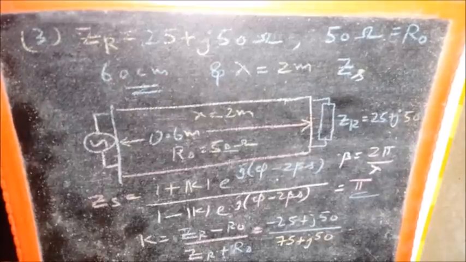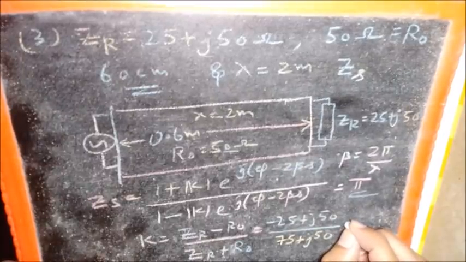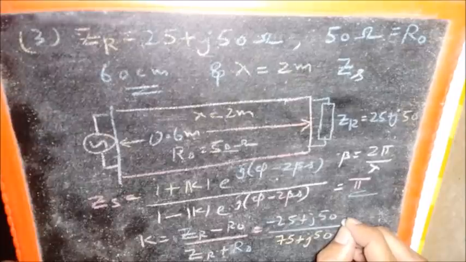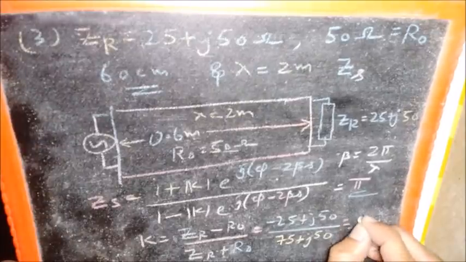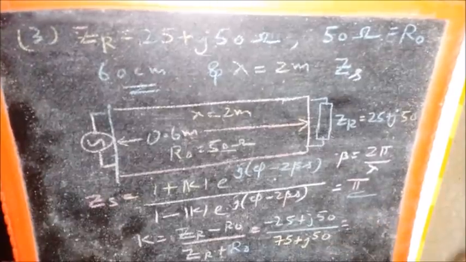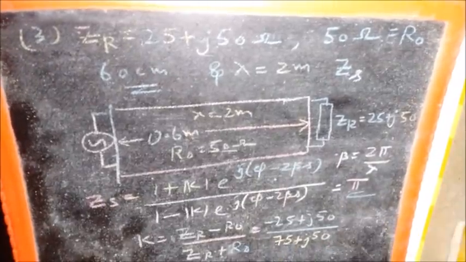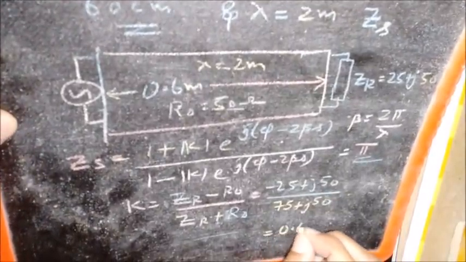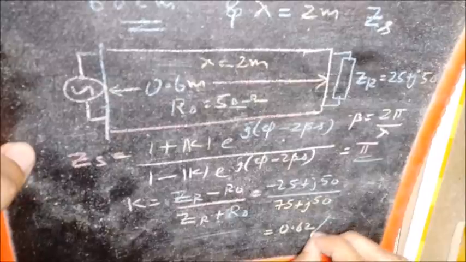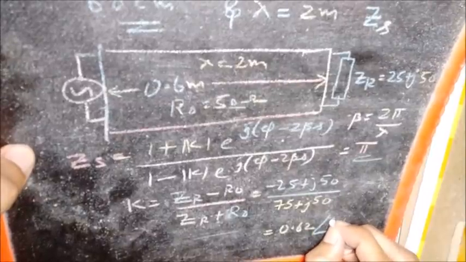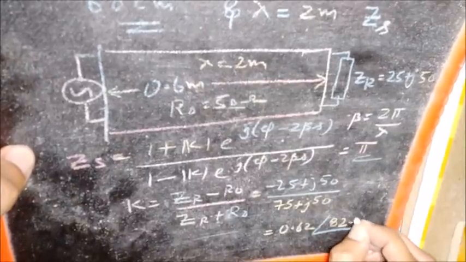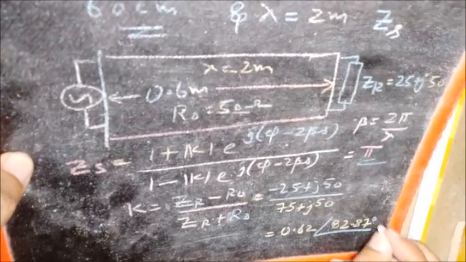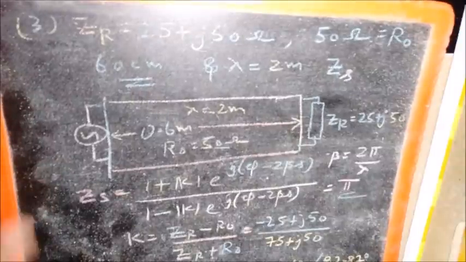Please verify all the answers later. You can calculate this and you will end up getting a magnitude of 0.62 and the phase angle will be 82.87 degrees, or something very close to this. So this is the reflection coefficient.